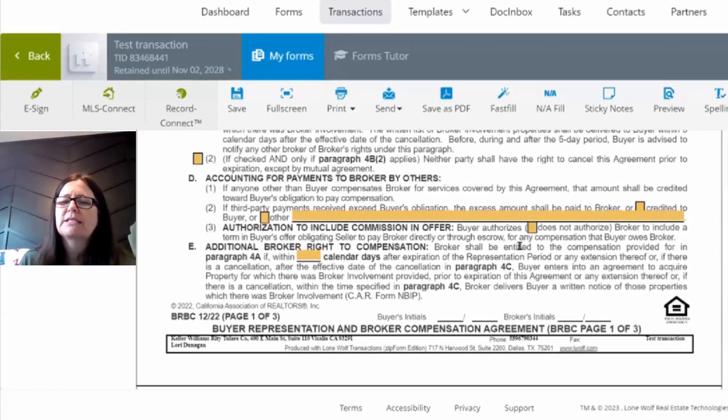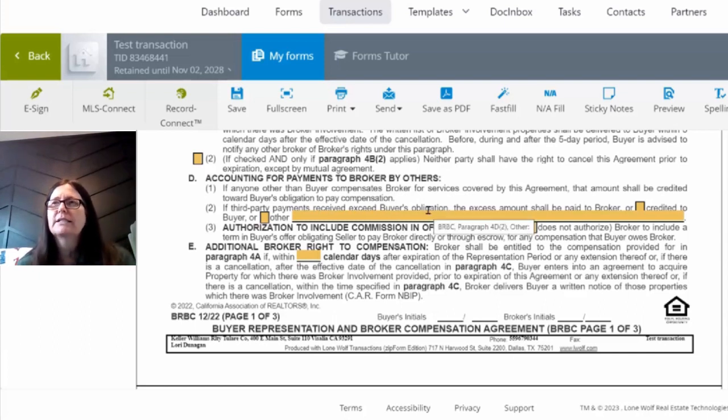I just have a couple more things I want to talk about on this particular form. So, accounting for payments to brokers by others. Up at the top, we have to determine how much we are going to charge. Just for example purposes, let's say we wrote that at 2.5%.